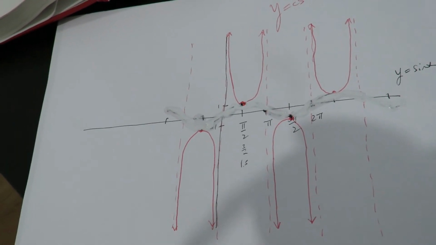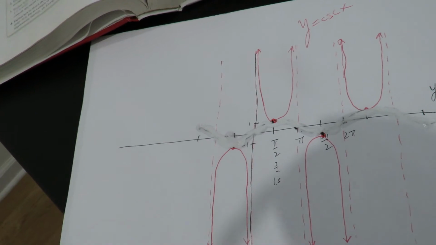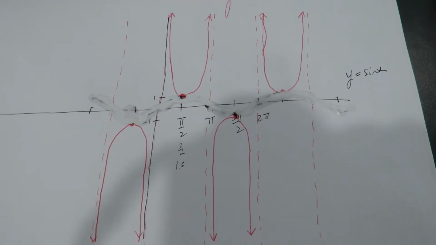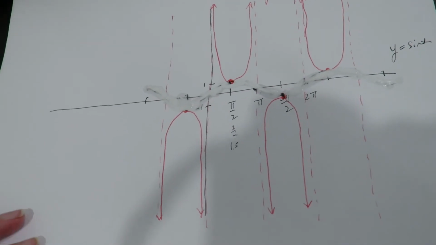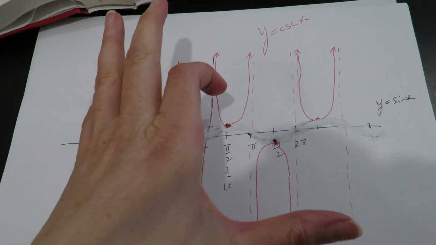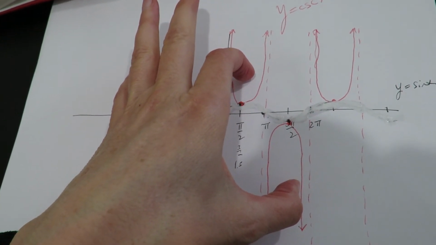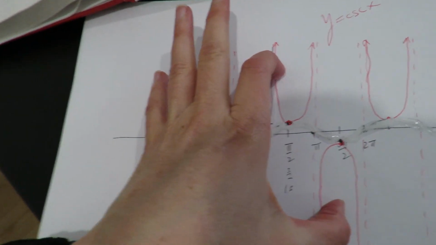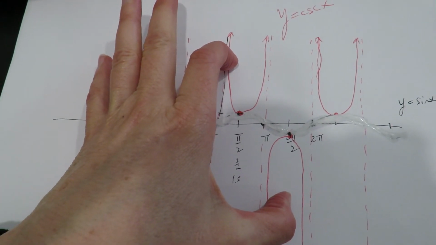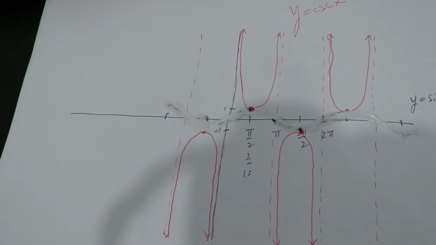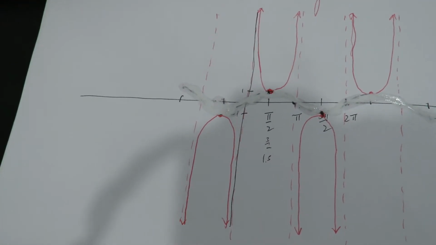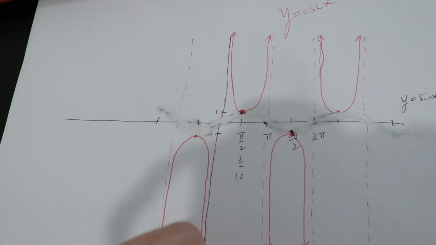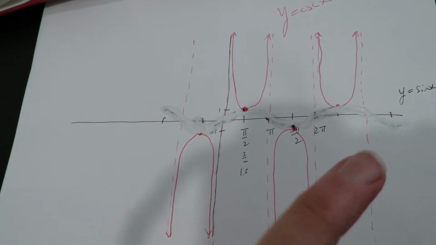All right, so let's make some observations. One cycle, or one period, of the cosecant is a parabola up and a parabola down. So in between 0 and 2 pi, one parabola up, one parabola down, that's considered one cycle. Because after that, the pattern just repeats. It goes up, it goes down, it goes up, it goes down. What the sine function does, it does two things.